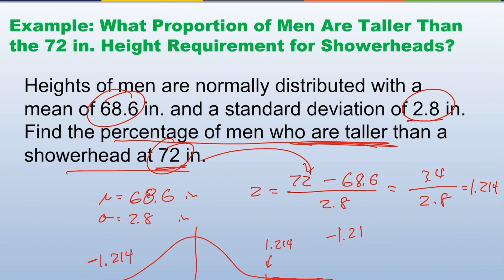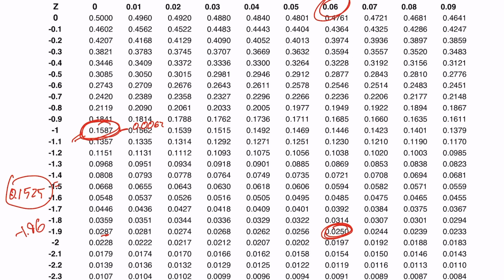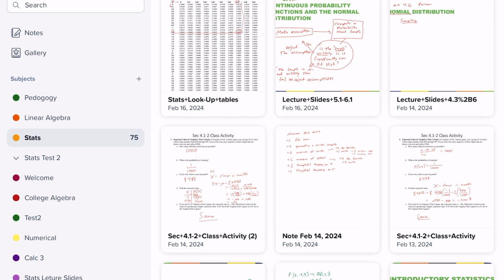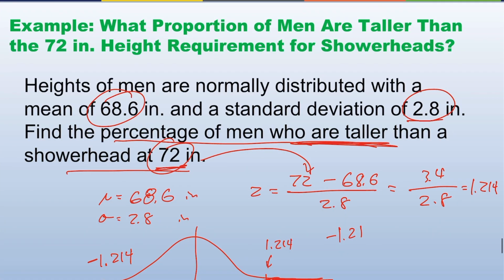So here I go to my lookup table. Okay, negative 1.21 is right there. So the table told me 0.1131.